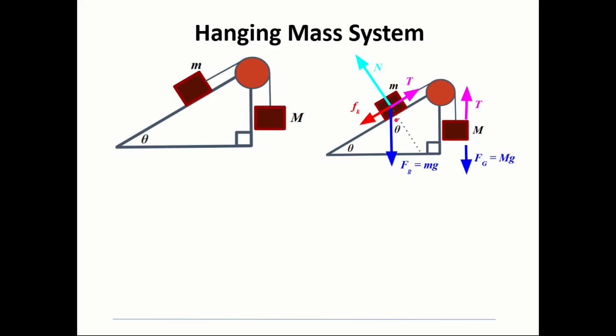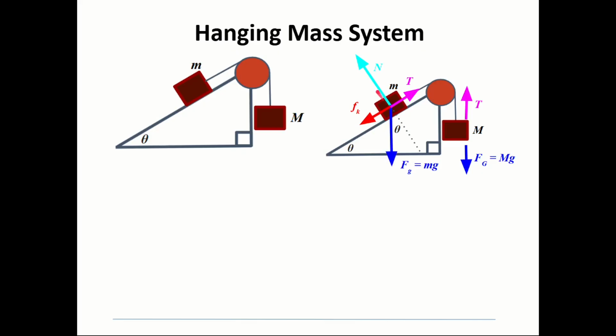So, on our mass on the incline, we have our gravitational force being downward, and that makes sense, because gravity is towards the center of the Earth. And then we have our tension, but this time the tension is going along the direction parallel to the incline.